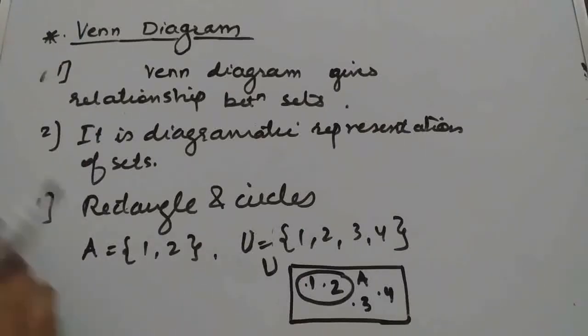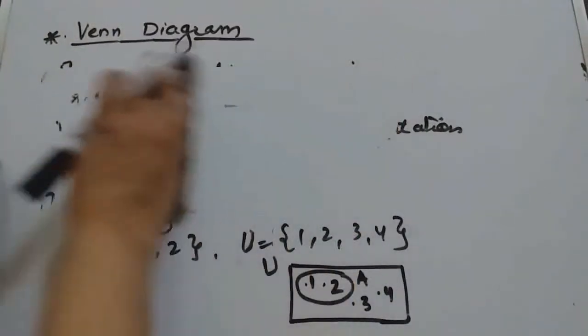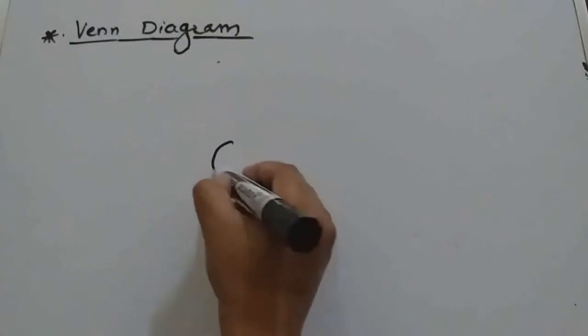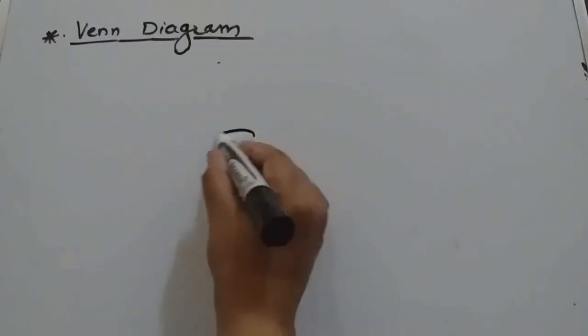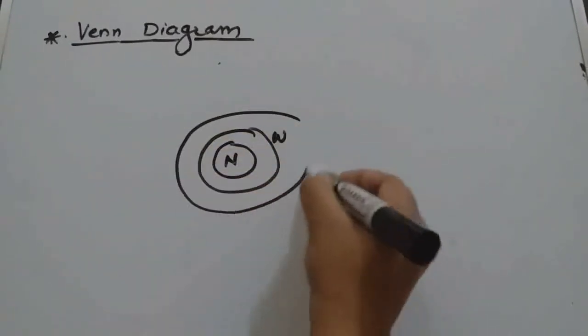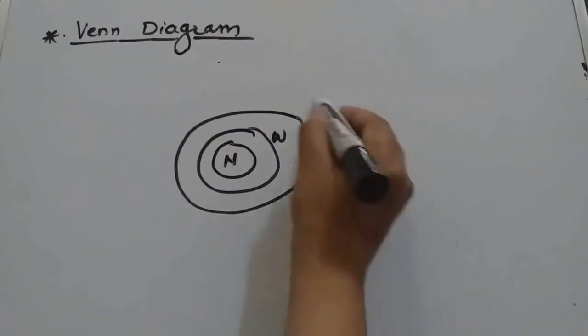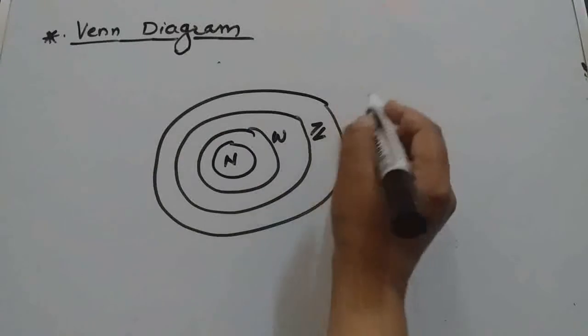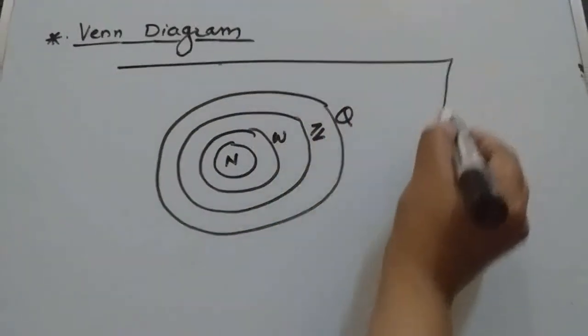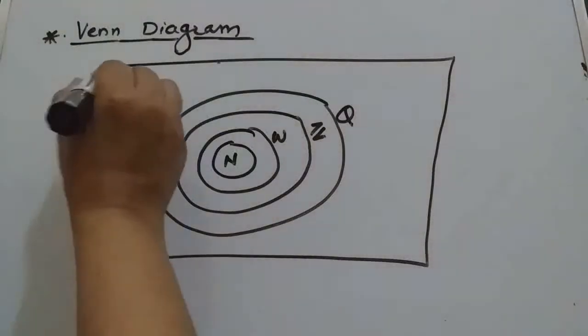Now in the same way we can show the relationship between N, W, I. See, N is a subset of W, W is a subset of Z, the integers, Z is a subset of the rational numbers, and all are subsets of the real numbers.